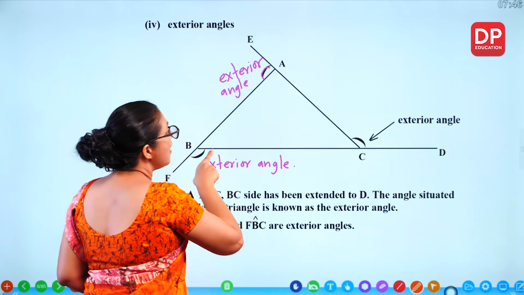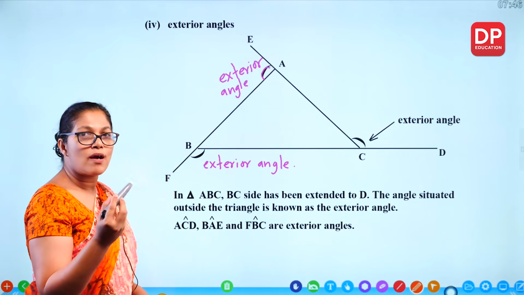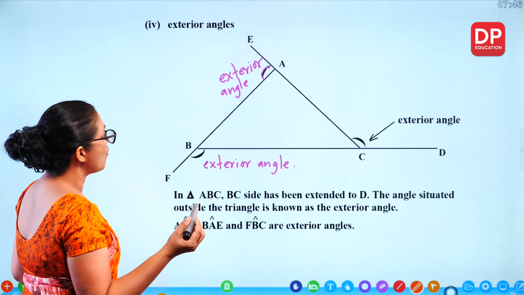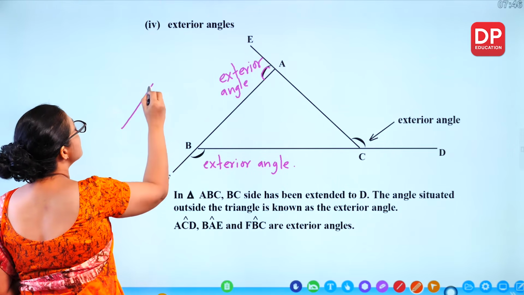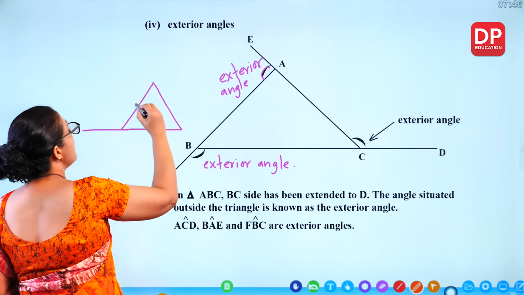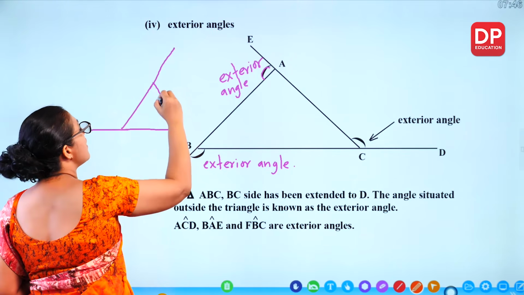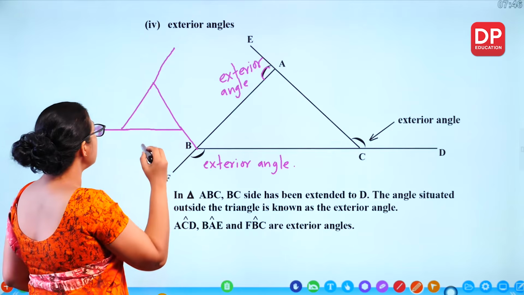So when you are extending the lines, you have to select either clockwise or anti-clockwise. If you are taking the other way around, if this is the triangle and you extend this way, you have to extend this one and this one. So what are the exterior angles you are getting?